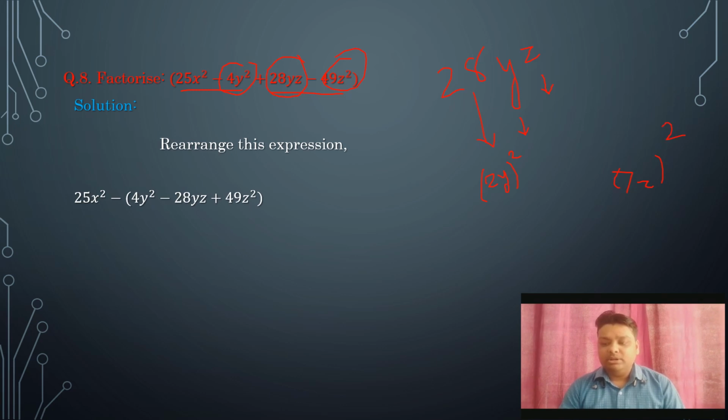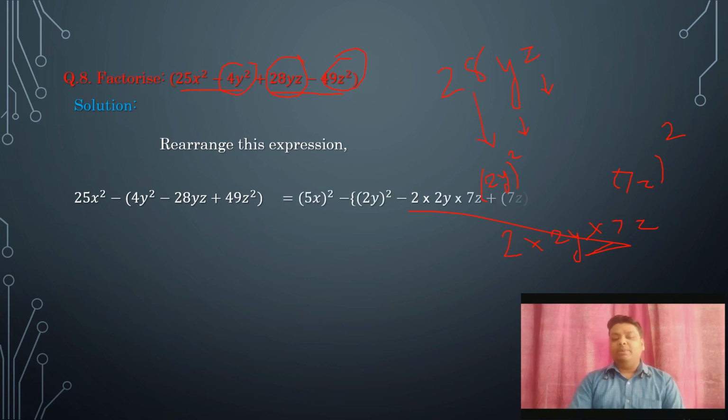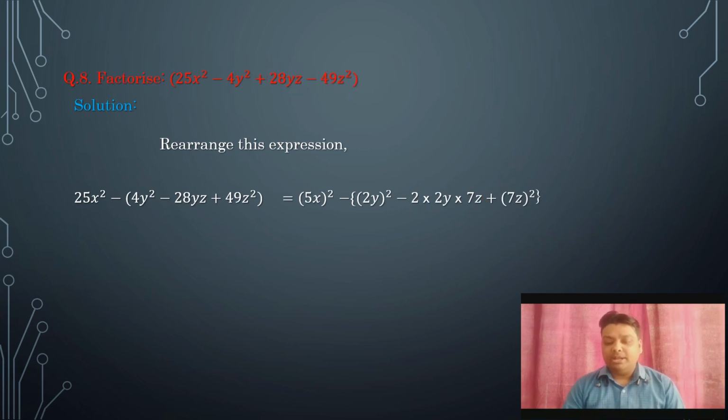In between, the formula will be 2ab. 2 into a is 2y, and b is 7z. Now multiply it. 2 2s are 4, 4 7s are 28, and yz. Here you can see 28yz. It means it is matching. It means we can apply this formula.